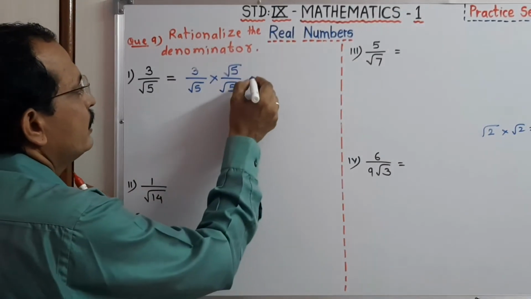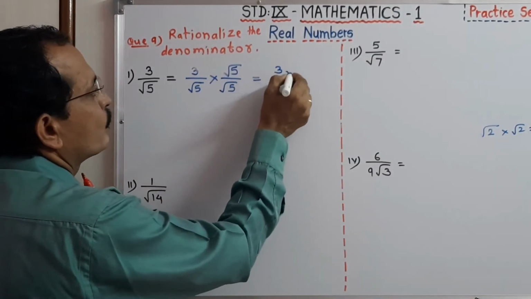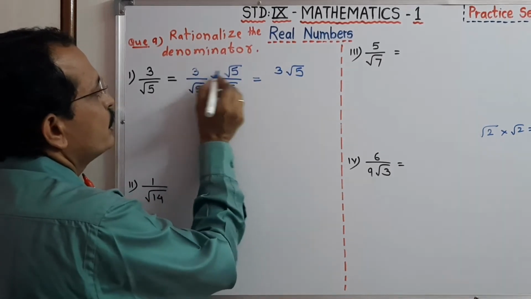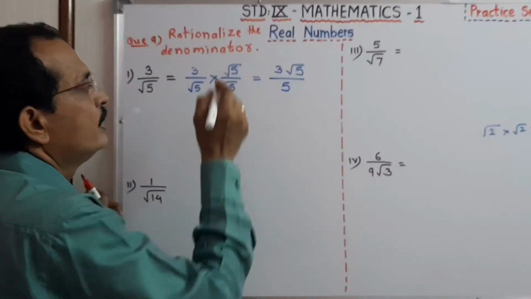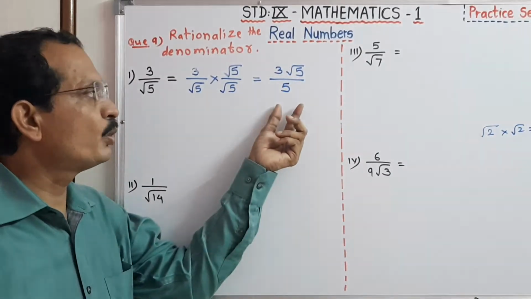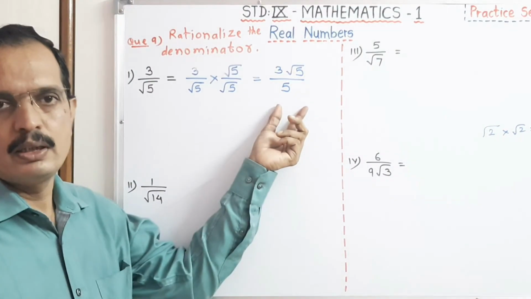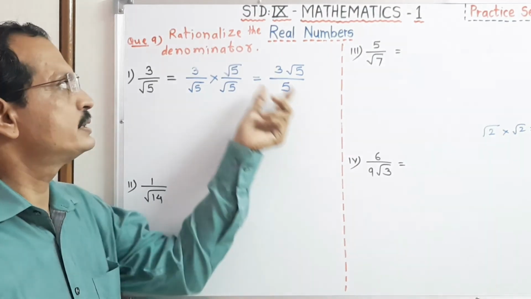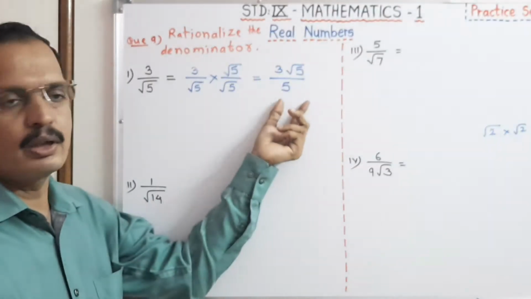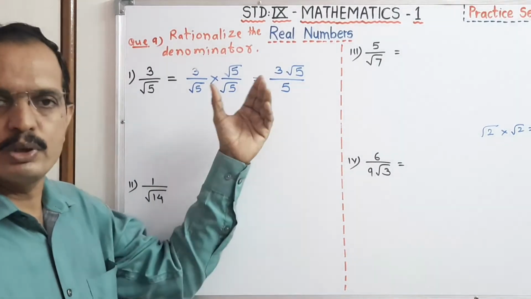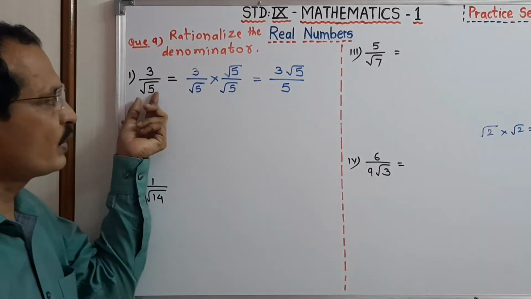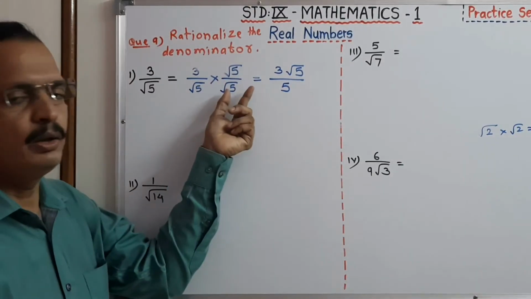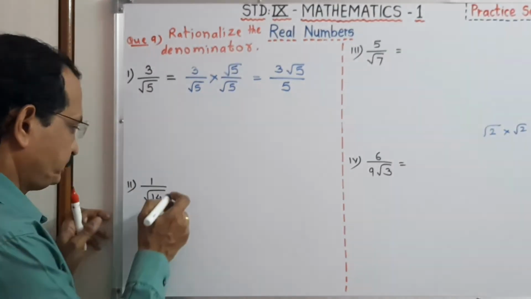Then we will get 3 root 5, that is 3 into root 5, and root 5 into root 5 is 5. Dear student, now the denominator is a rational number. Therefore, it is called rationalization of the denominator. The denominator we have to convert into a rational number. The same number, root 5, we multiply and divide to the whole number.